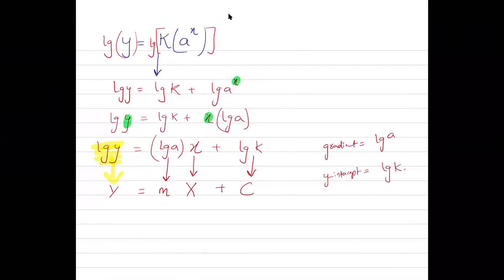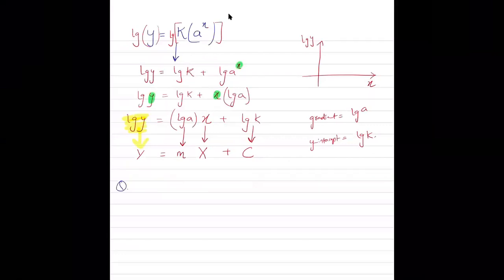And if we want to linearize this, the graph should be plotted with LGY against x. Then only I can get a straight line. Get it? Yes, sir. Okay.